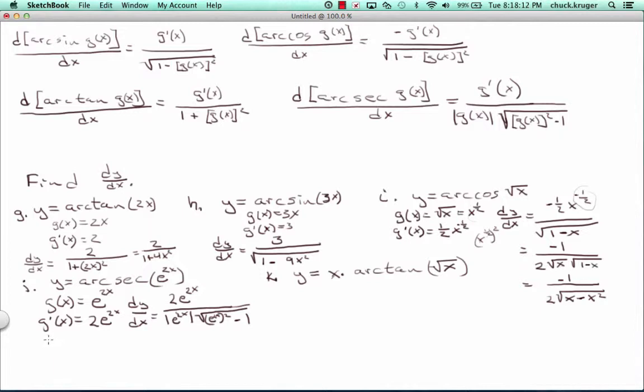So let me rewrite dy dx down here since I have a little bit of room. 2e to the 2x.